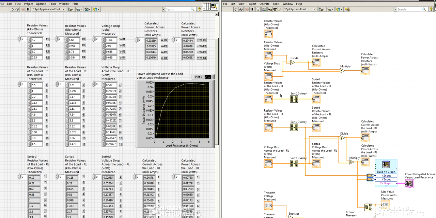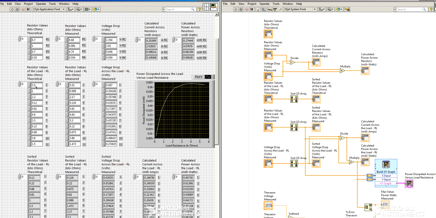You would expect that if you get a higher resistance, you should get a lower current flow. But either way, you want to ensure that the values that you've recorded in these indicators, if you choose to sort them as I have, continue to match.